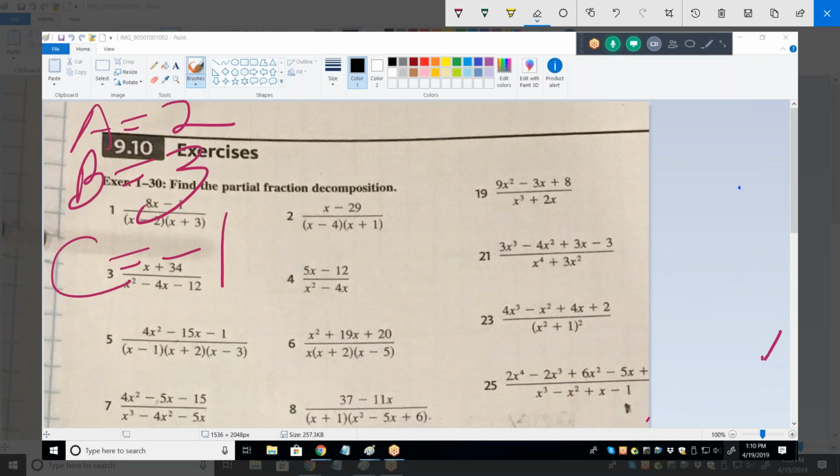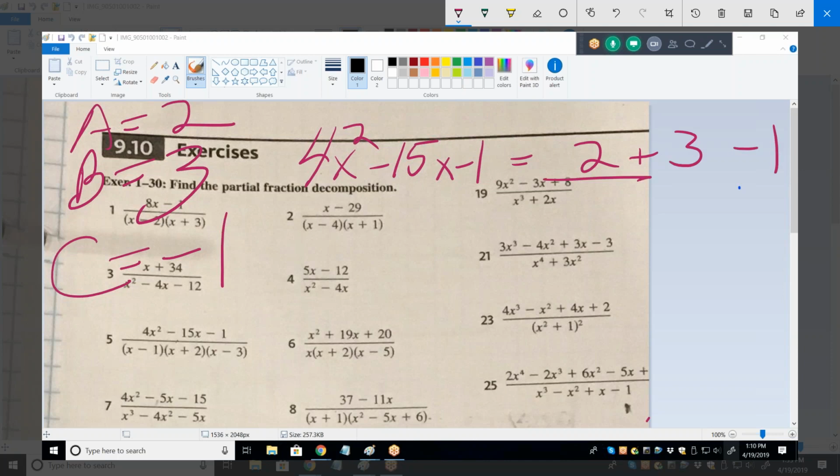It's that much harder. Okay? So what we have is 4x squared minus 15x minus 1 is equal to 2 plus 3 minus 1 all over the same denominator.